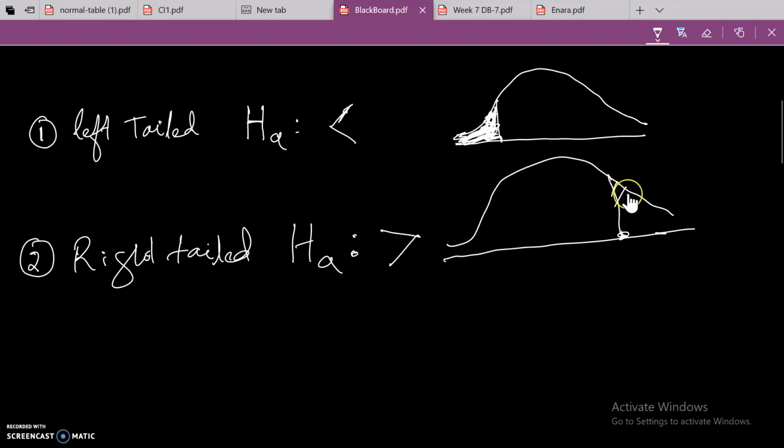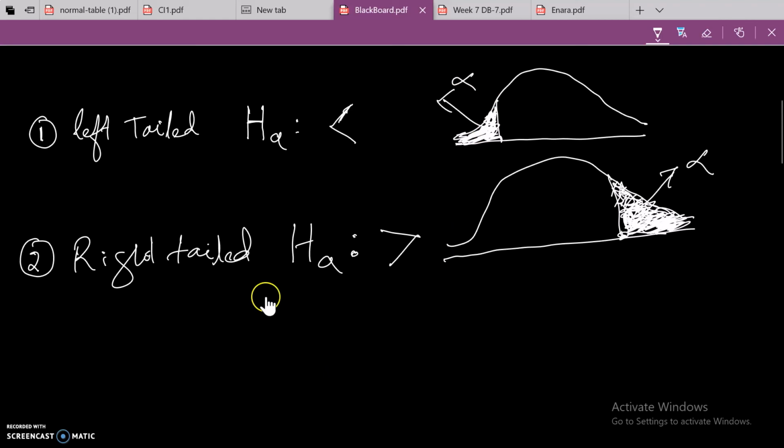This is the rejection area, or the area in the right tail. I'll talk later about what I mean by rejection. So this entire area, we call alpha. It's called the significance level, right?